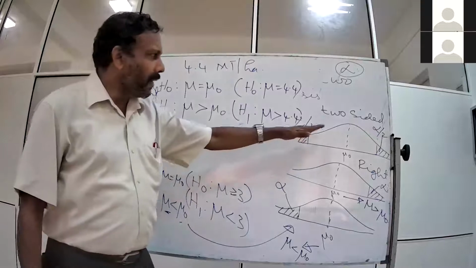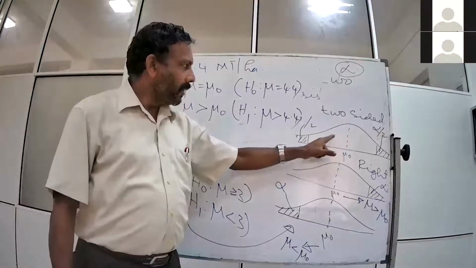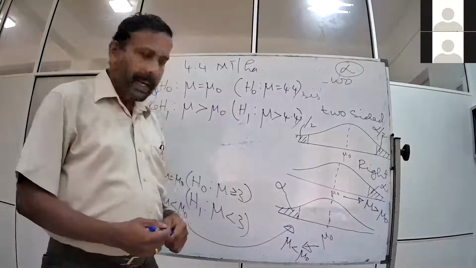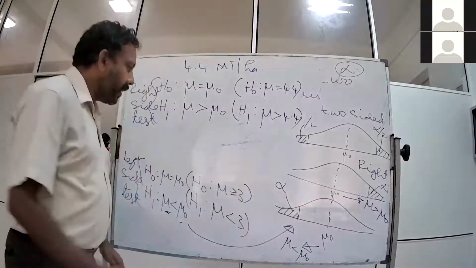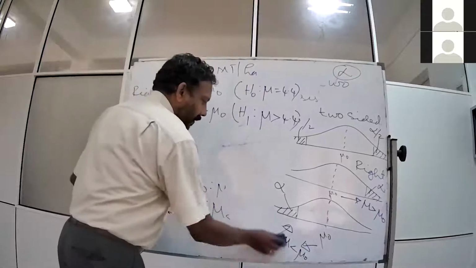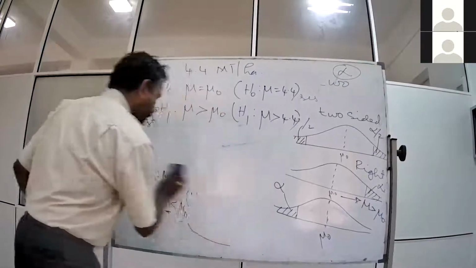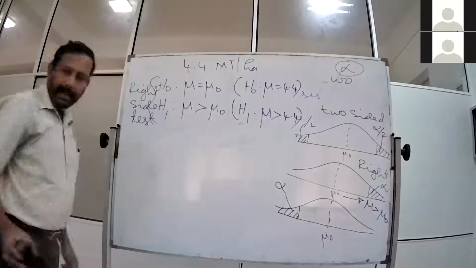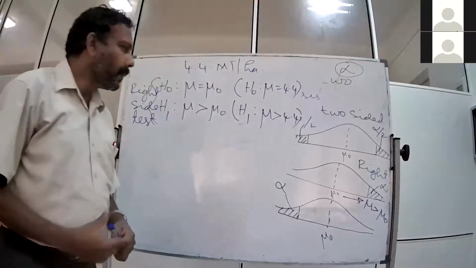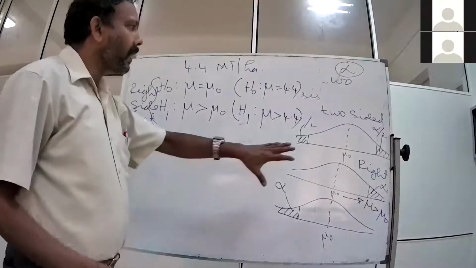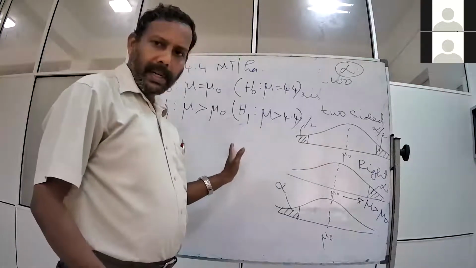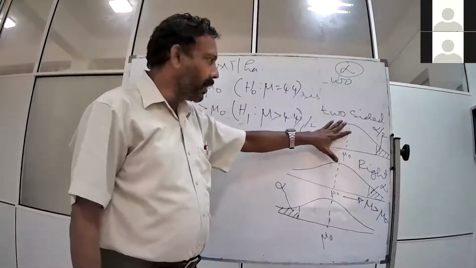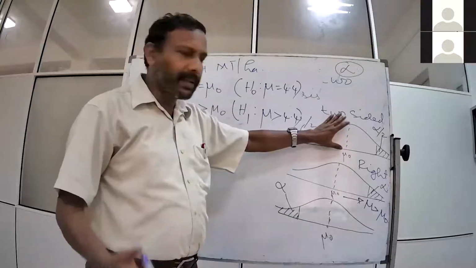So imagine this is the T table. Make a note of it in all cases. I will erase this. Now this is the T table. We convert this into a T distribution. This is not the real T distribution; this is the normal distribution or the sampling distribution.